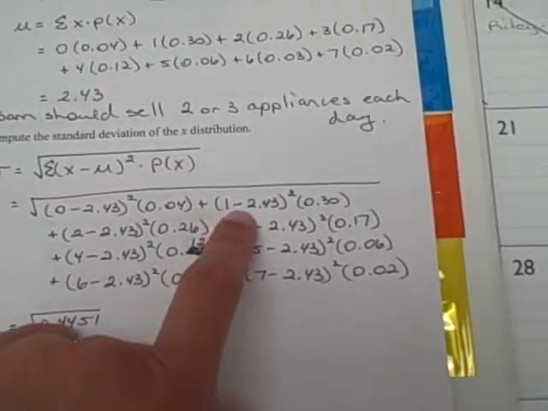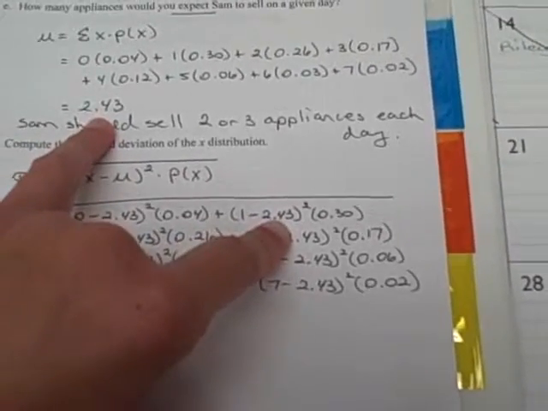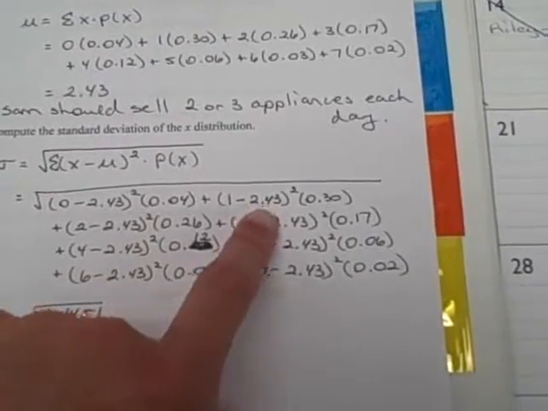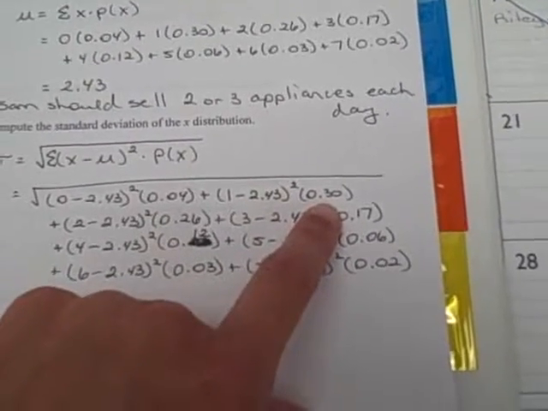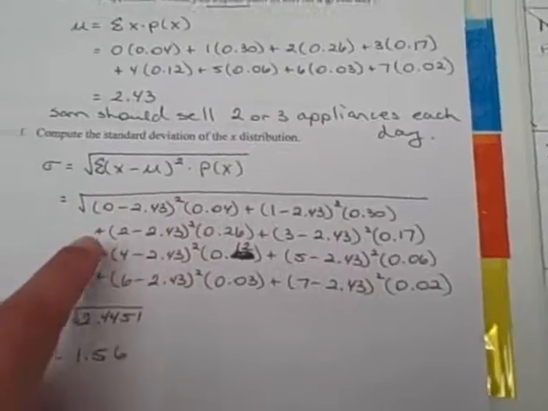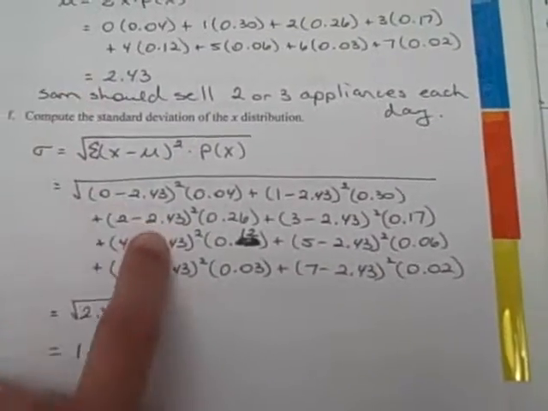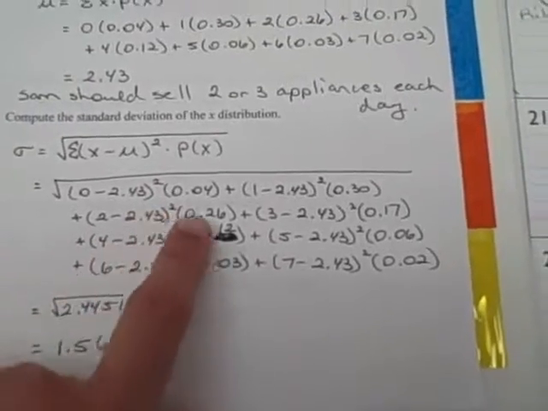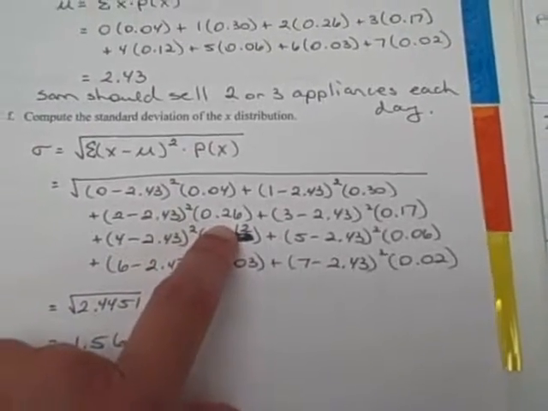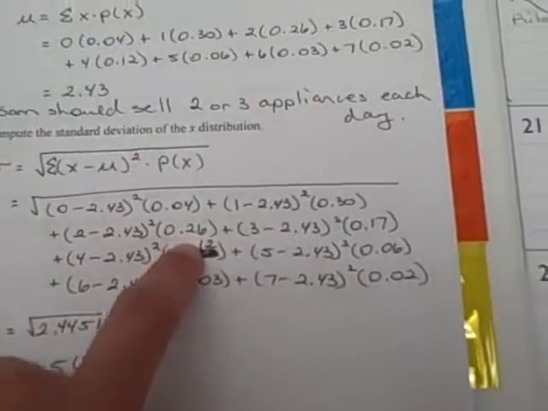Plus, our next x value is 1. So I'm going to do 1 minus my 2.43, square that times the probability of selling 1 appliance, 0.30. Plus, and then I go to 2. 2 minus my mean, 2.43, square that times the probability of selling 2 appliances, 0.26.